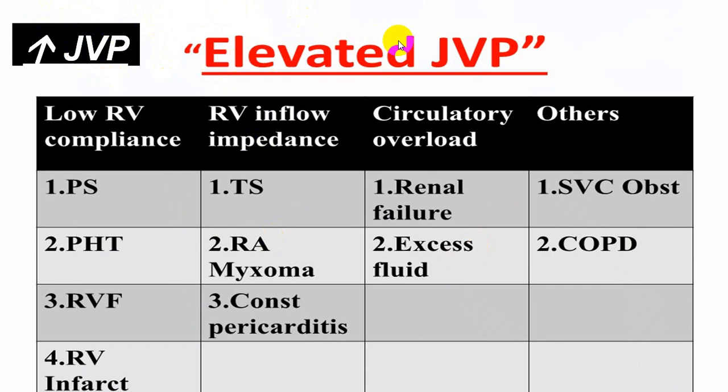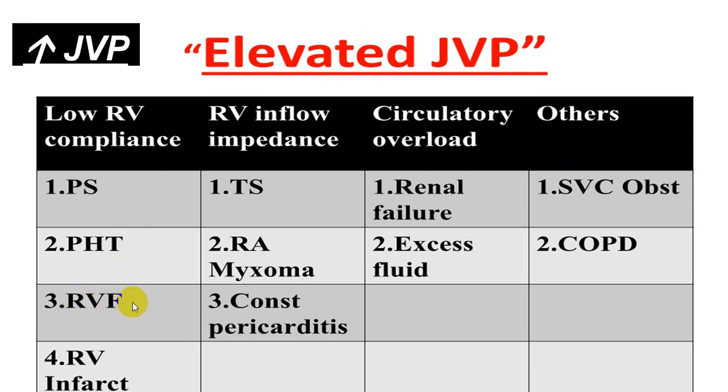Now we are mentioning the condition, and depending upon the pathophysiology, we are putting the name. But whenever you mention elevated jugular venous pressure, always mention first in your oral exam right ventricular failure, or we call it congestive heart failure. That should be the first cause.